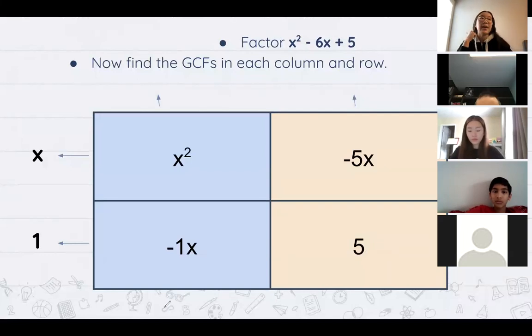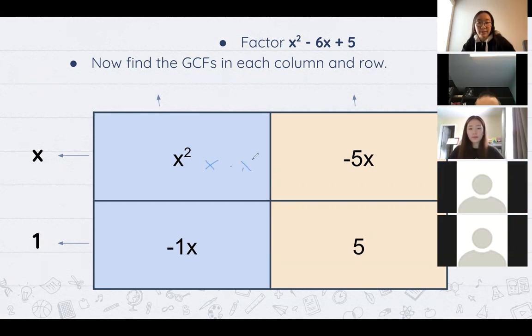And with -x you can't factor a 5 out of -x, because if you try to divide -x by 5, you're just left with -x divided by 5. You can't simplify it down any further. And so if you can't find any factors, then you're just going to use 1, because 1 works with everything. Okay. Thanks.